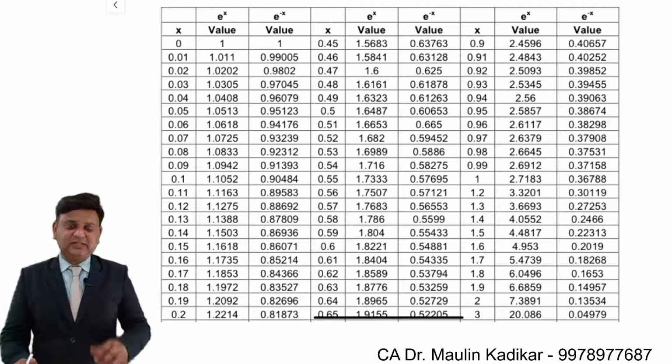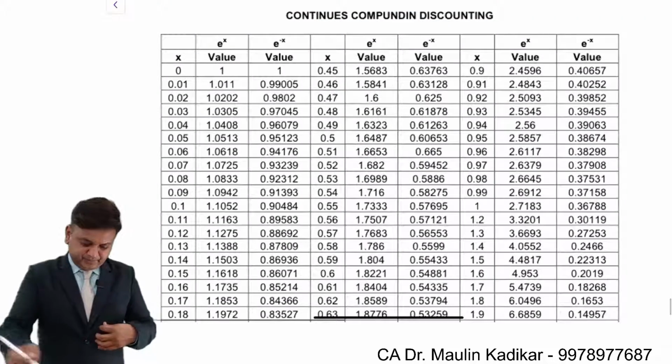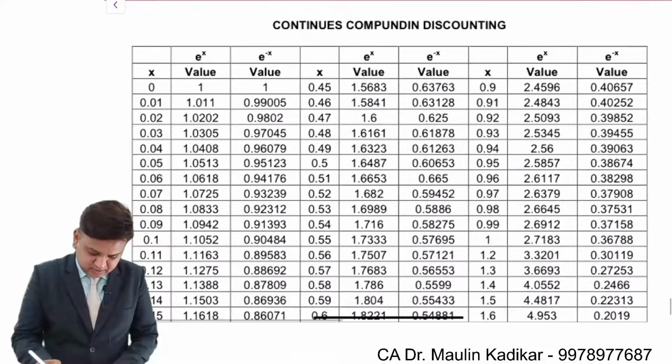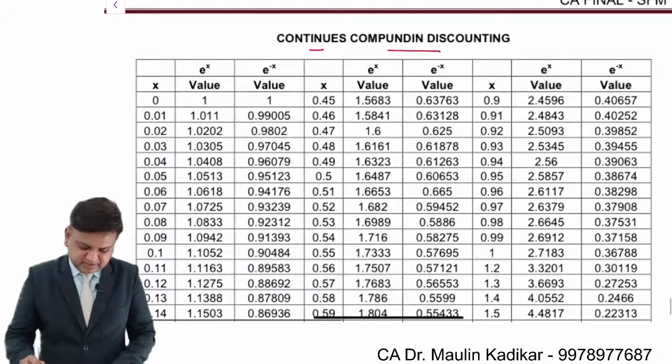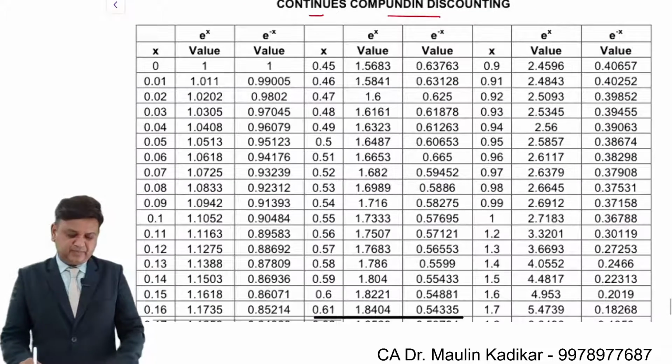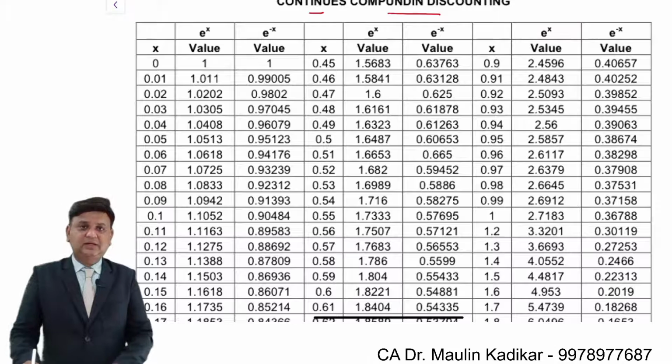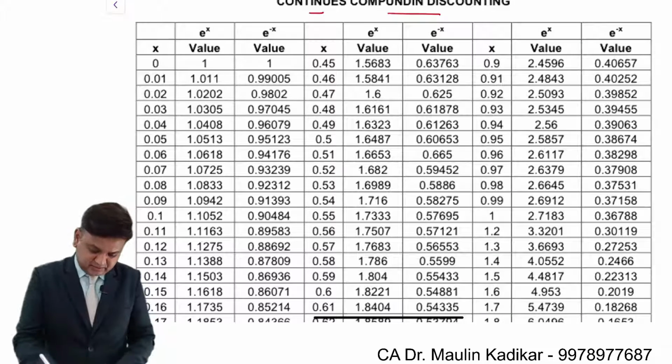Over here friends, there is an e table provided on a continuously compounded basis. There are basically 3 columns.